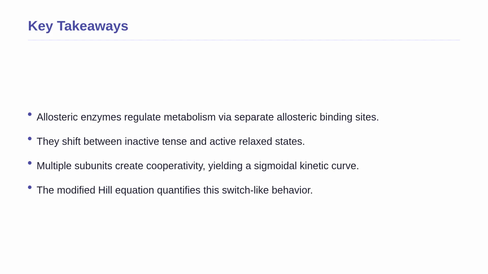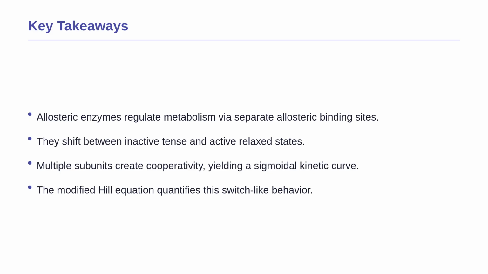We have covered a lot of ground today, so let us summarize the key takeaways. First, allosteric enzymes are the sophisticated control valves of cellular metabolism, regulated through separate allosteric binding sites. Second, their activity is controlled by shifting between an inactive, tense state and an active, relaxed state.